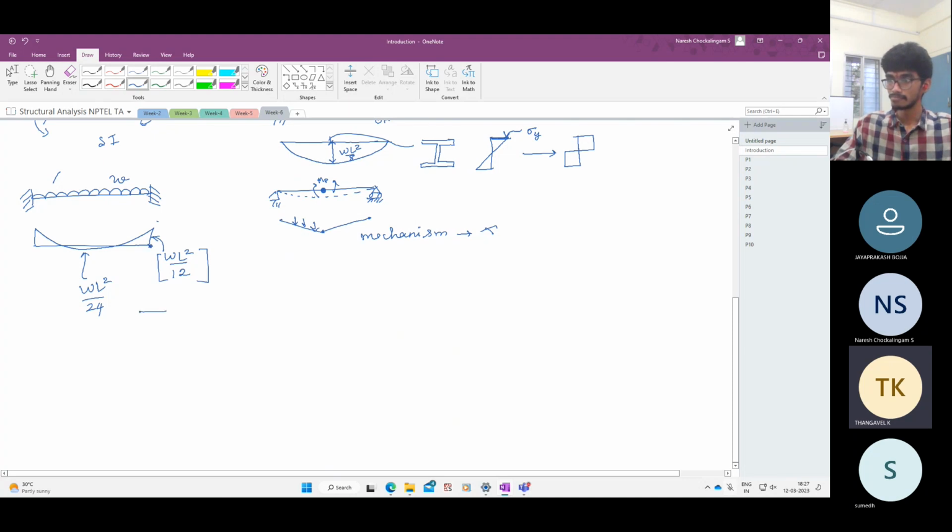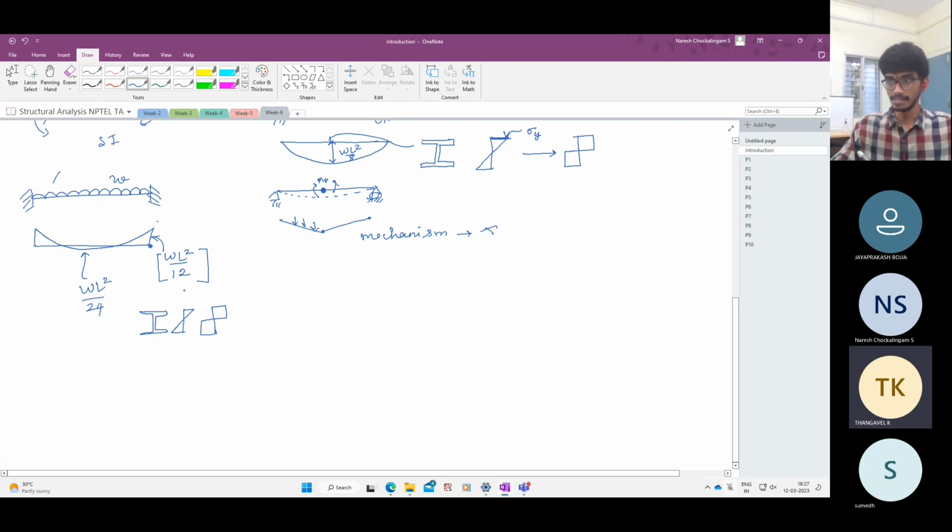So here, same thing happens. There will be a linear strain distribution, stress distribution. Then once it starts yielding, the topmost fibers and the bottommost fibers will yield. Then as we increase the load further, the entire section undergoes plastification.